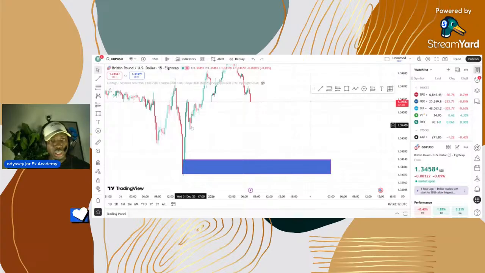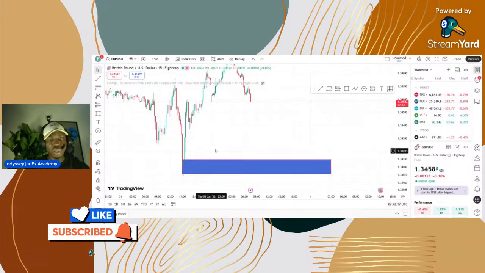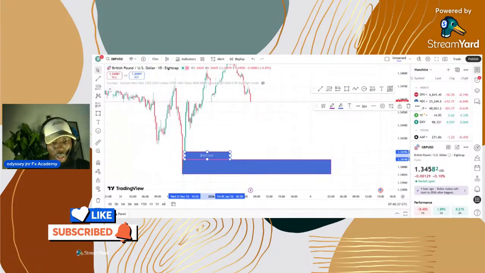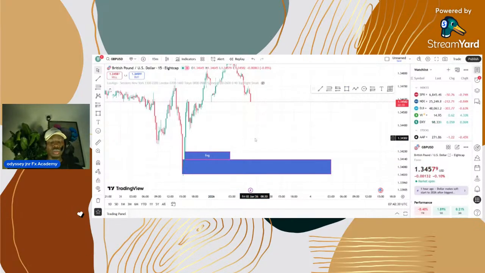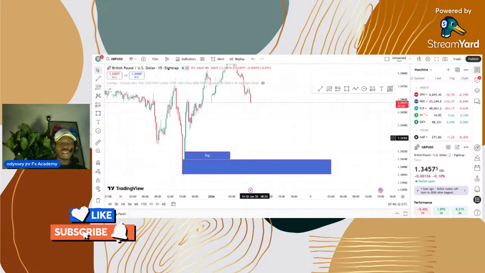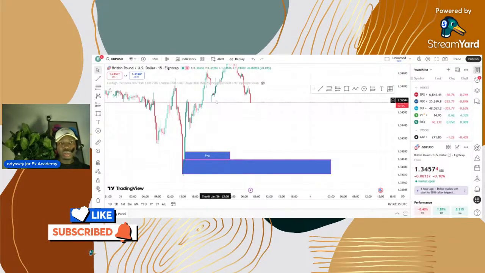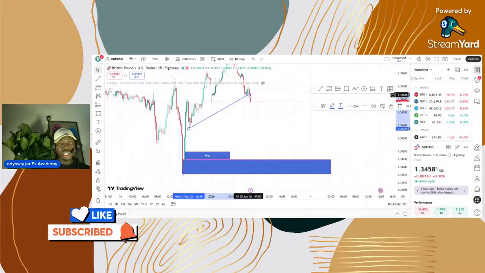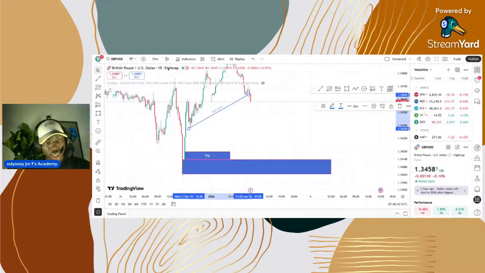So we have the liquidity here that the market will clear, and we have our fair value gap here. We have our IFVG. Then we have the liquidity that the market has to clear.